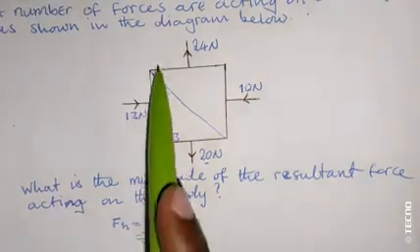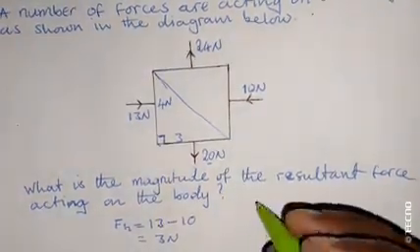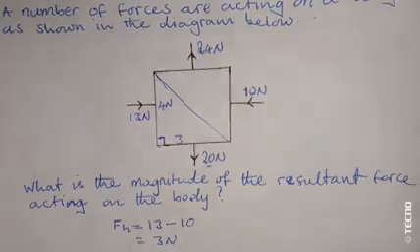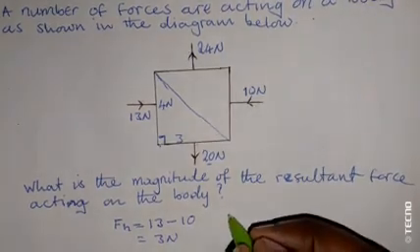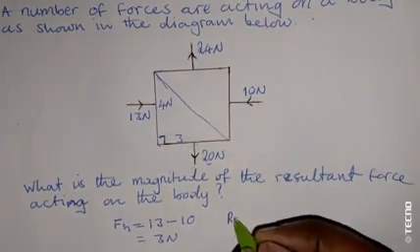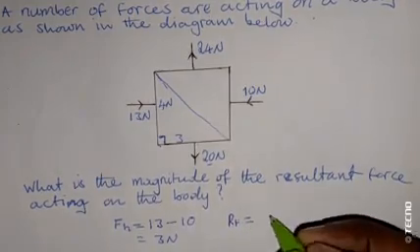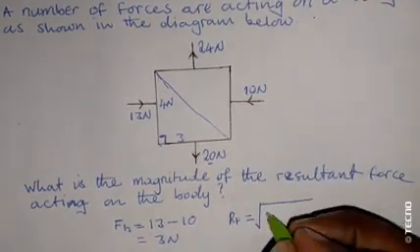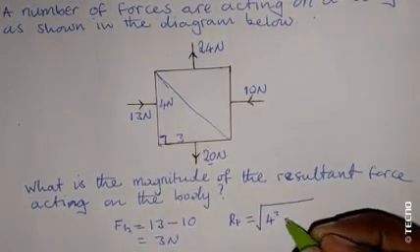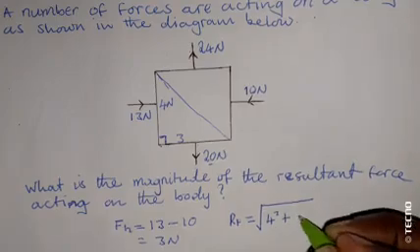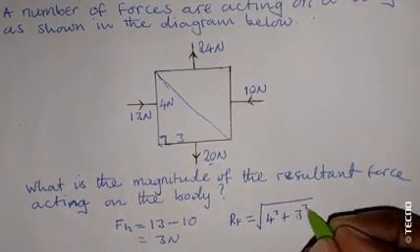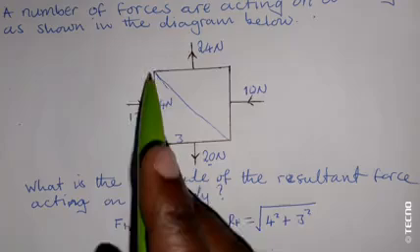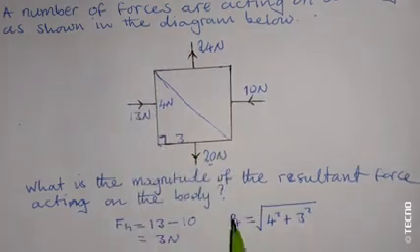Calculating this side, the resultant force, RF, is equal to root of 4 squared plus 3 squared. This 4 is in the vertical, and the 3 is in the horizontal.